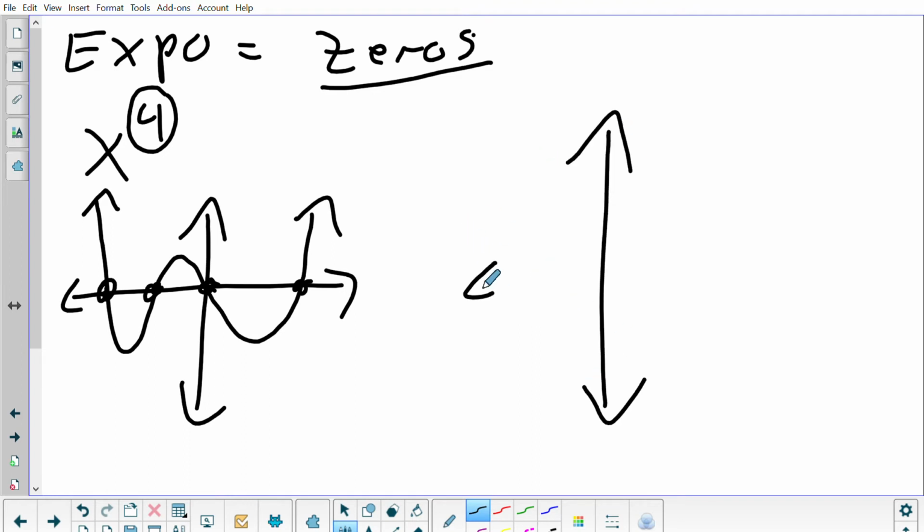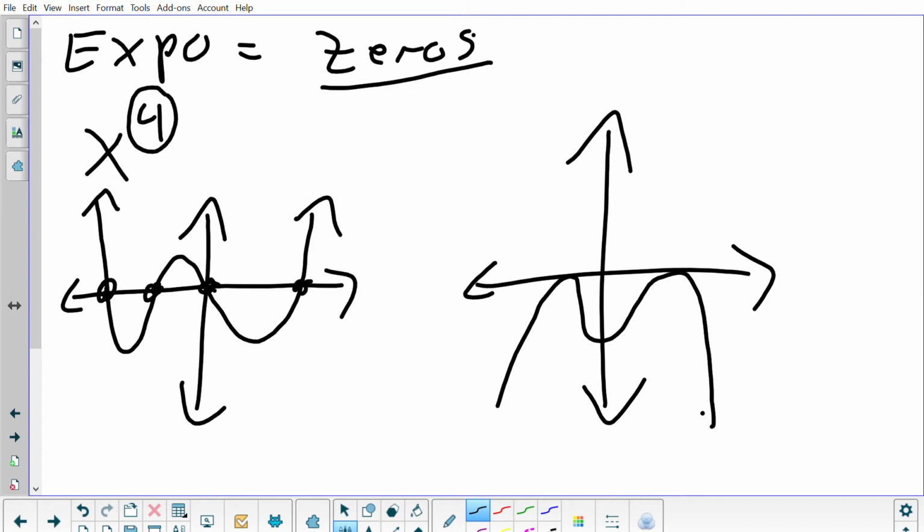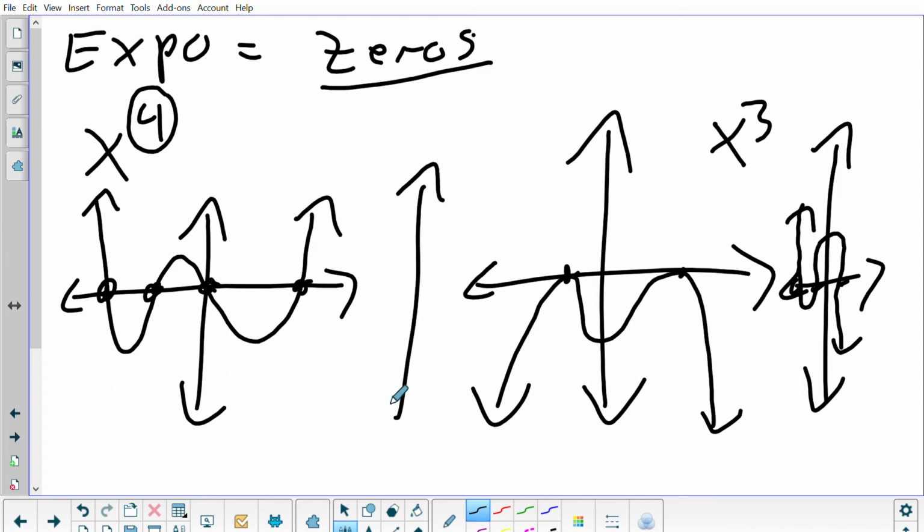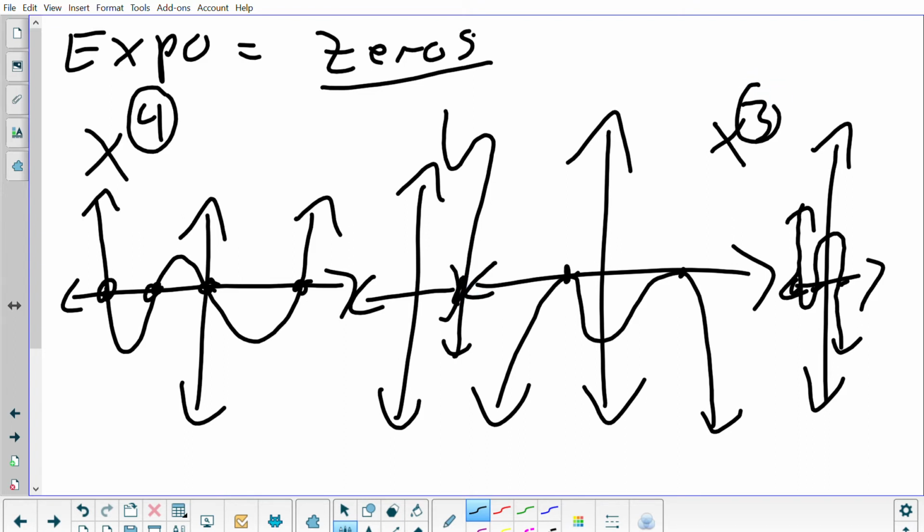We could have one where it goes 1, 2, but the max times it can cross is 4 times. So if we have x to the third power, it could cross 1, 2, 3 times. Or it could cross only 1 time and it'll still be true. This is just the max.